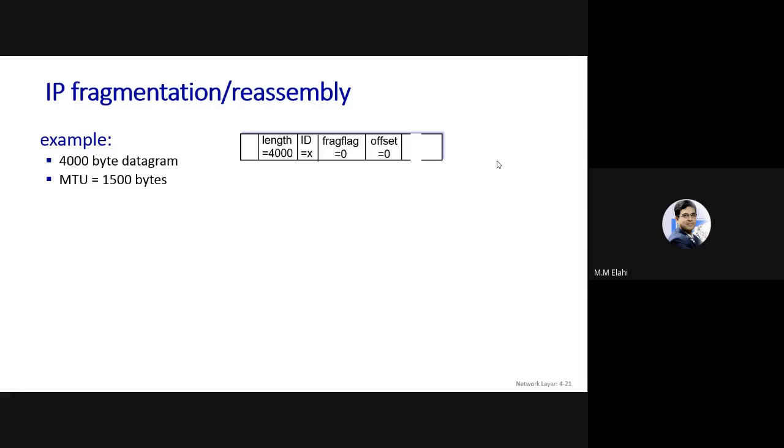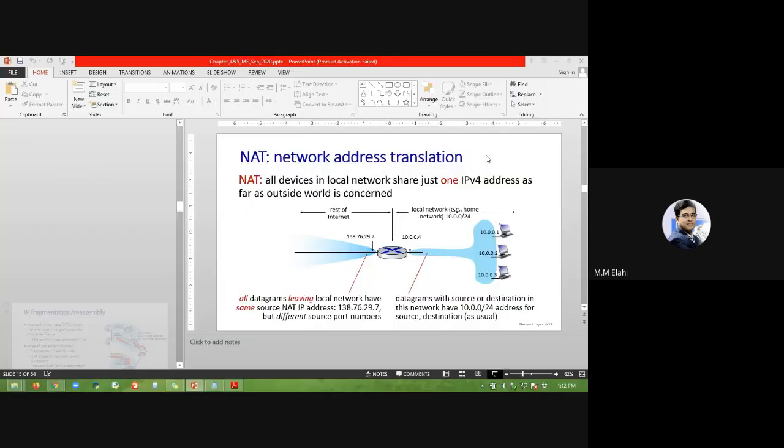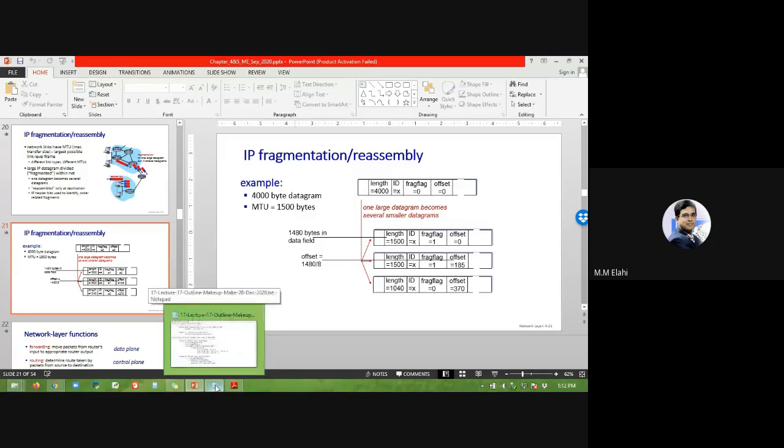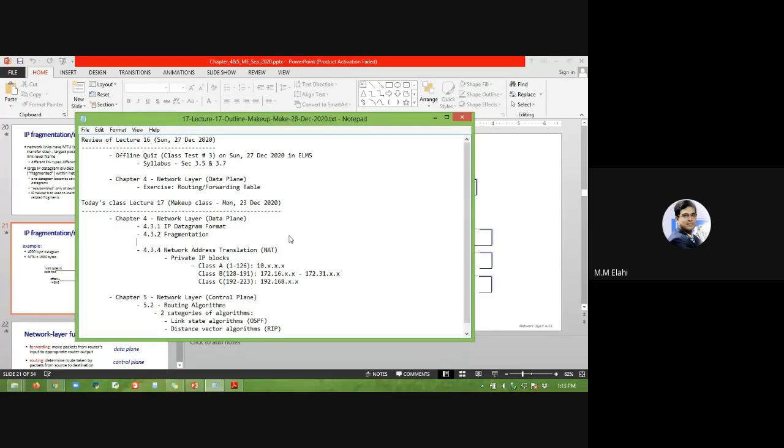So what we will do, we first need to know how many bytes of data must be carried by fragments. So we'll deduct the header from the data. Okay, let me show you the calculations. So this is the example.